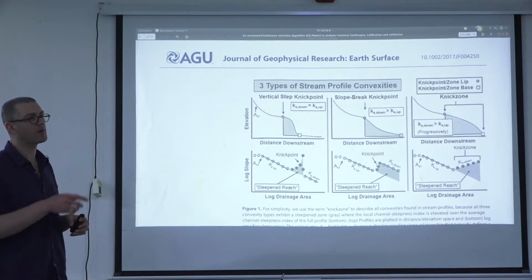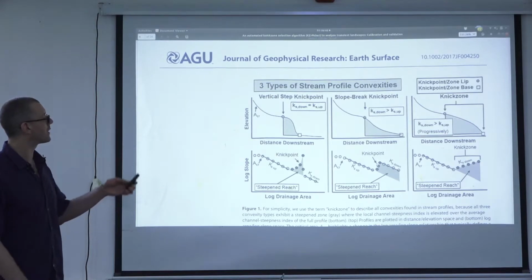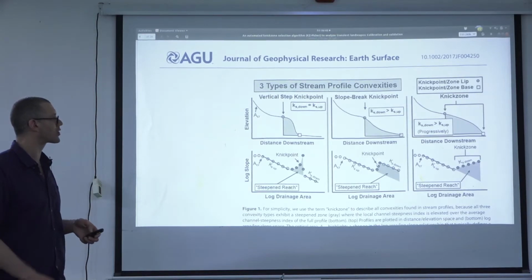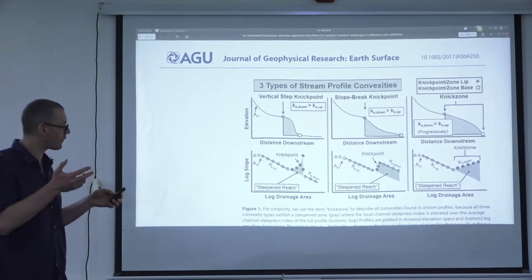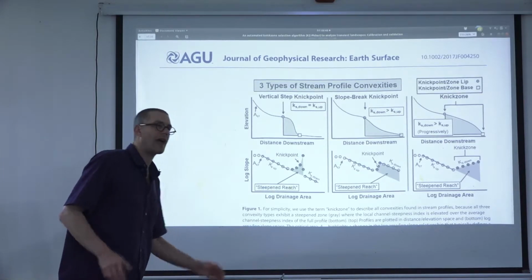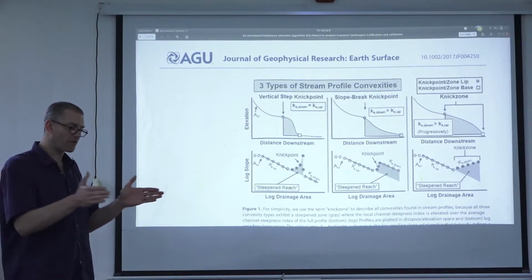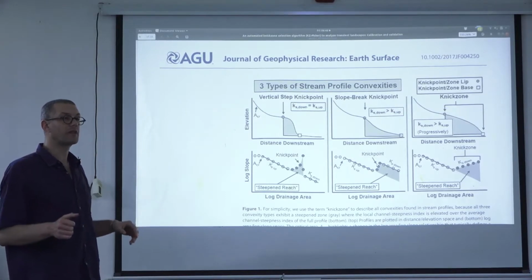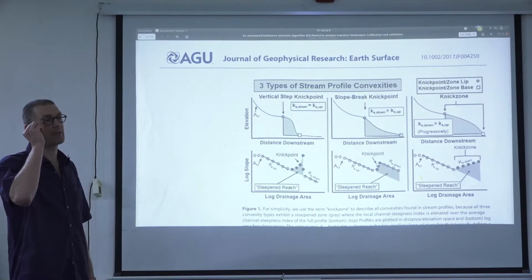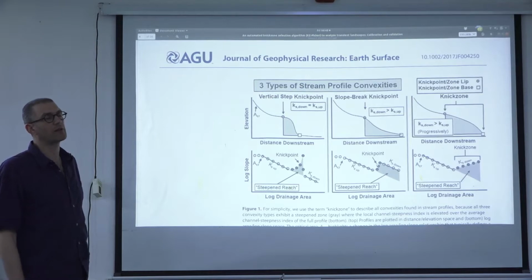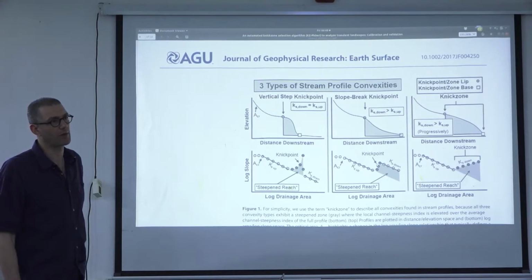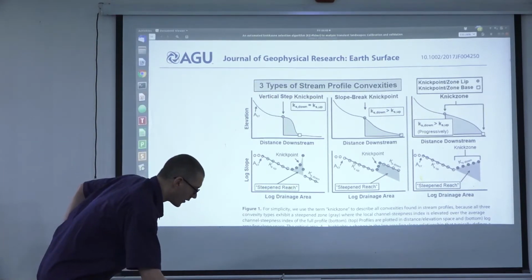Not every nick point that we see in a steepness index plot is actually related to a landslide. But if we know that we are in the Himalaya and we have a spatial understanding of the size of that nick zone, then yes, it's likely that it's a landslide. Let's put it that way.